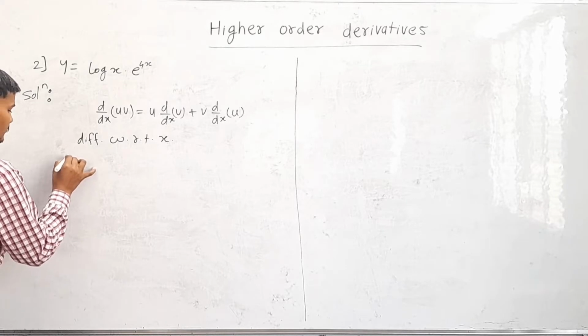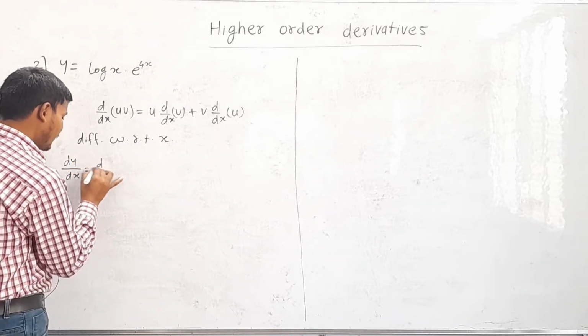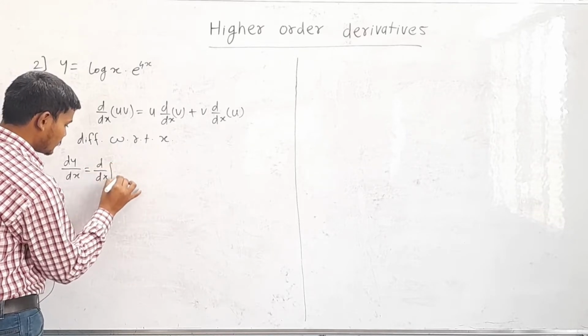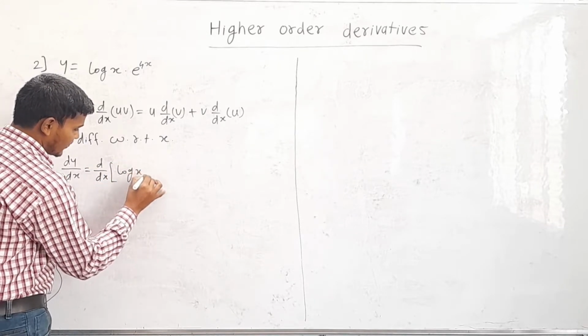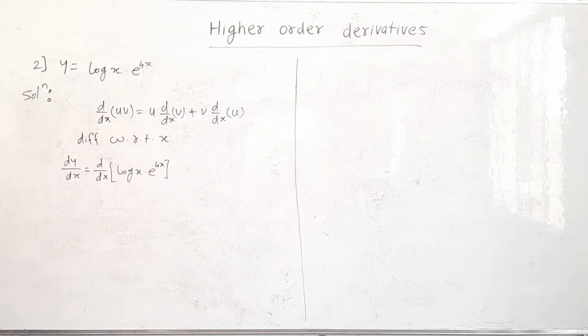We get dy by dx is equal to d by dx of log x times e raised to 4x.